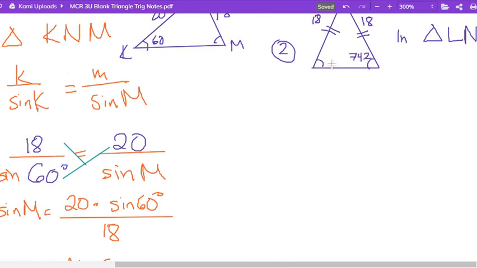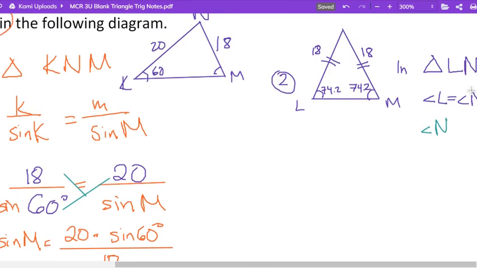74.2, and that means that angle L is the same, 74.2. Right, we can even say angle L equals angle M. And then we can find angle N. Now, folks, notice I didn't call it LNM, and I don't need to because I've already stated that I'm working in this triangle.